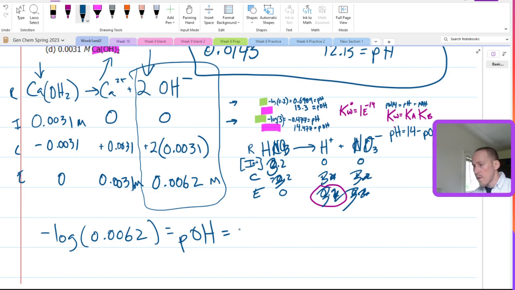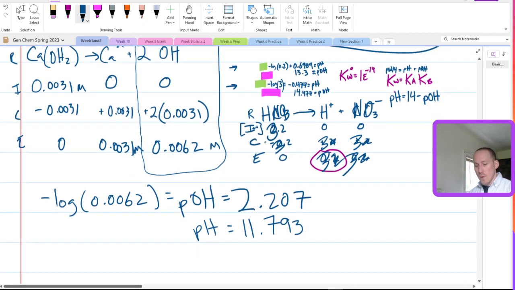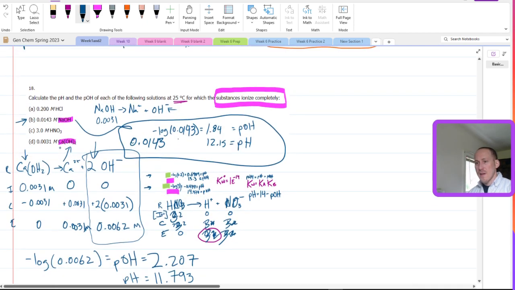And so our pOH is 2.207, which means that our pH is 14 minus that, which will be 11.793. Pretty sure I nailed that. Let's find out. Oh, yeah. Okay, cool. So that is that problem.